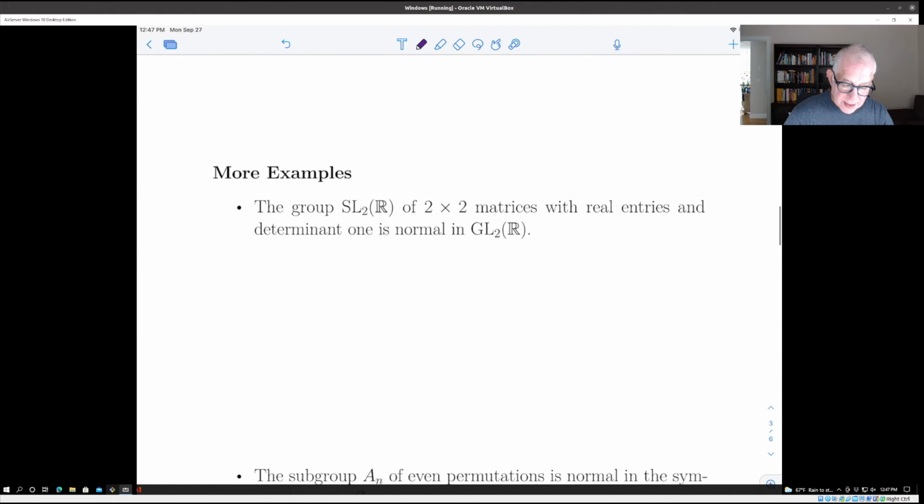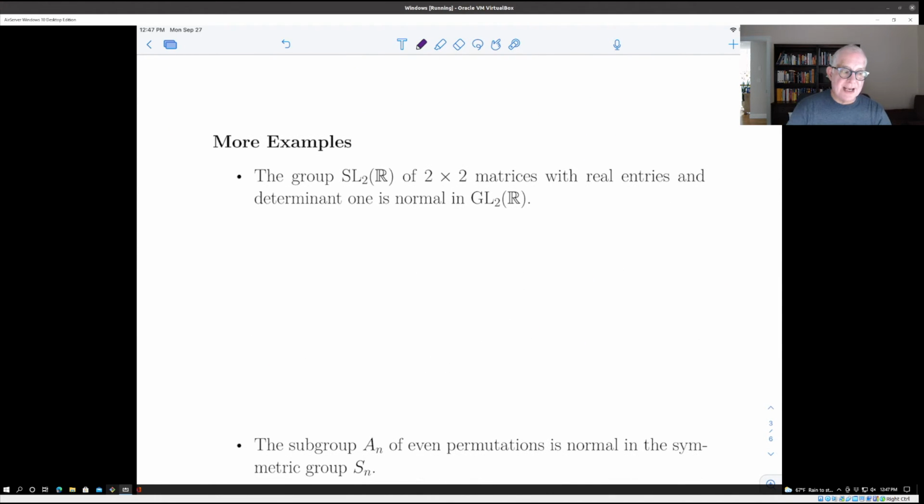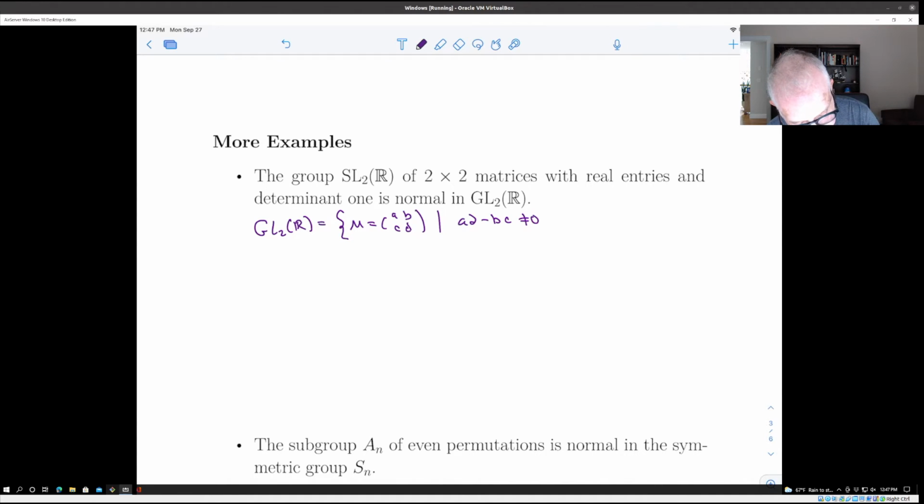We can look at a few more examples of things which are maybe a bit more exotic. So remember that GL2R is the collection of 2 by 2 matrices with real entries whose determinant is not 0.